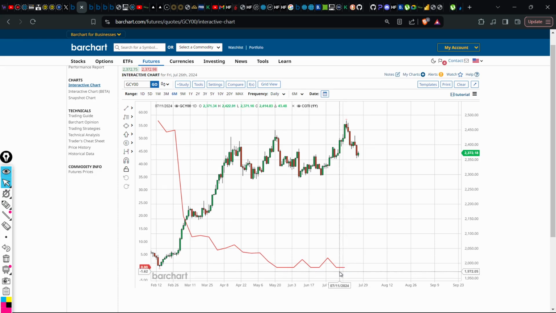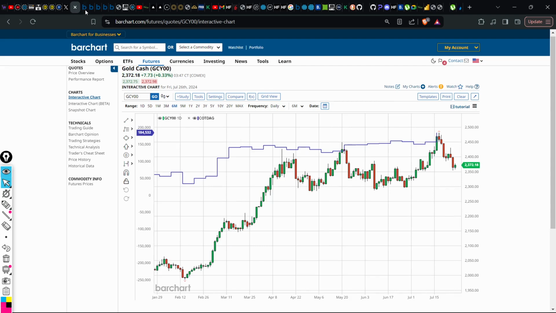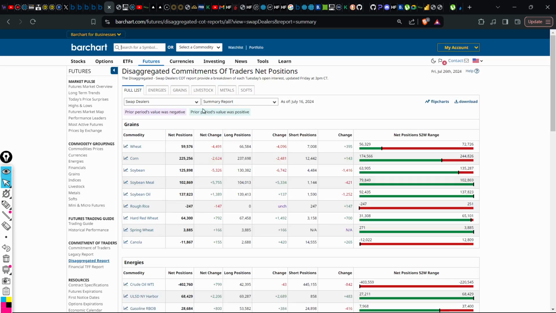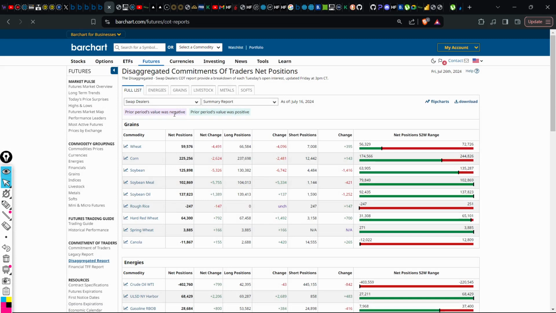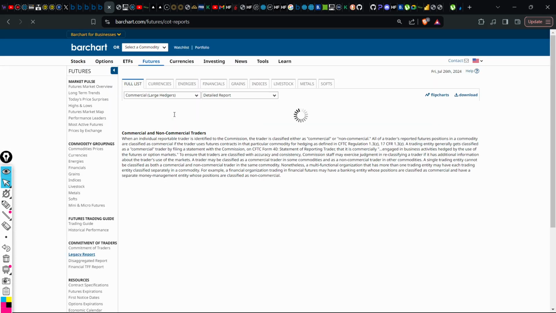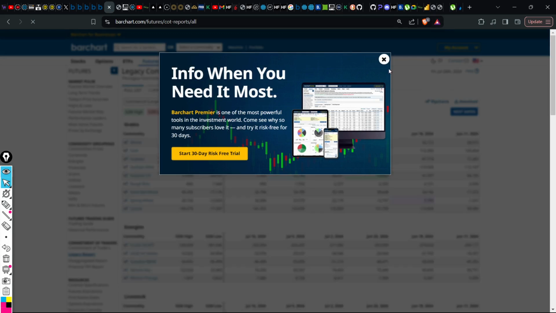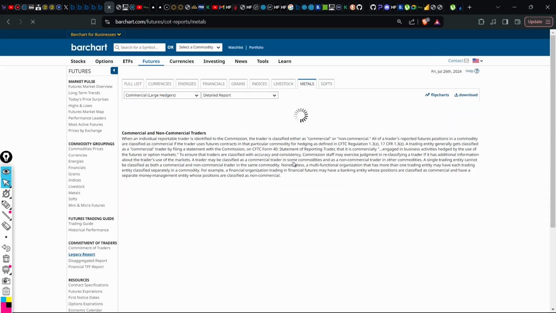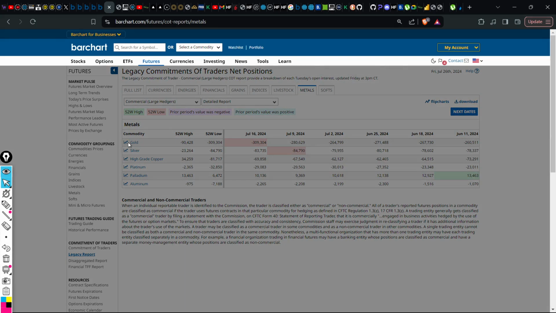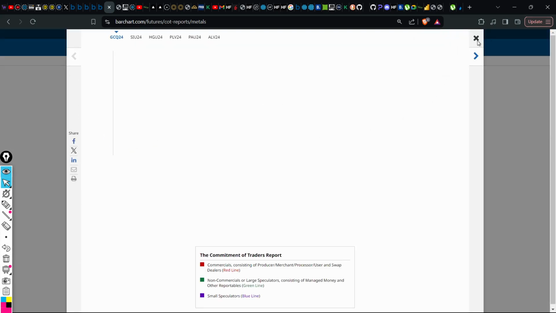On Tuesday here, like you have seen in the positioning, the weekly change in the number of short positions increased by, hmm, let's go to legacy reports, and then metals, and then I wanted to look at gold. Yeah, this is the one we wanted to look at. Let's not look at the chart, but rather the positioning.